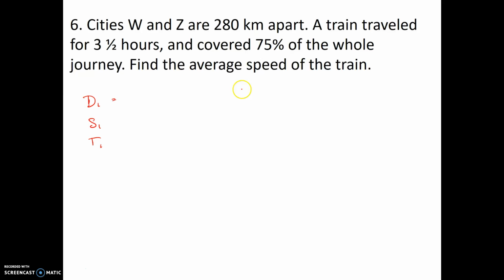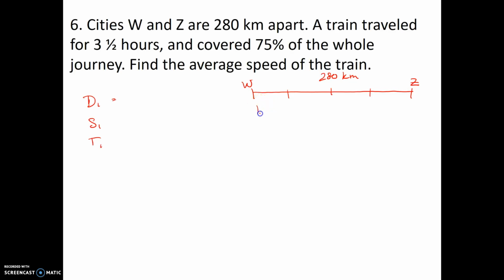So let's go ahead and draw a model. And we've got W and we've got Z right here, and they are 280 kilometers apart. And it says that the train traveled for 3.5 hours and covered 75% of it.